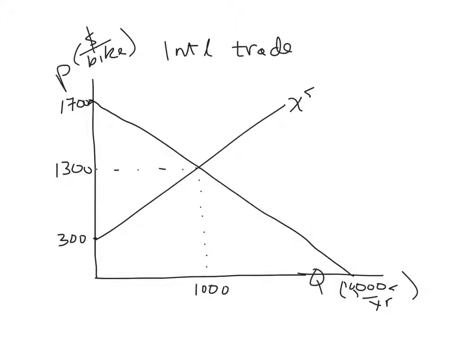Now, to find the effect of a tariff, I'll do it logically and then algebraically. So with a $500 tariff, $500 per bicycle, you're looking for the place where the price that buyers pay is exactly 500 higher than the price that sellers receive. So let's do that algebra.